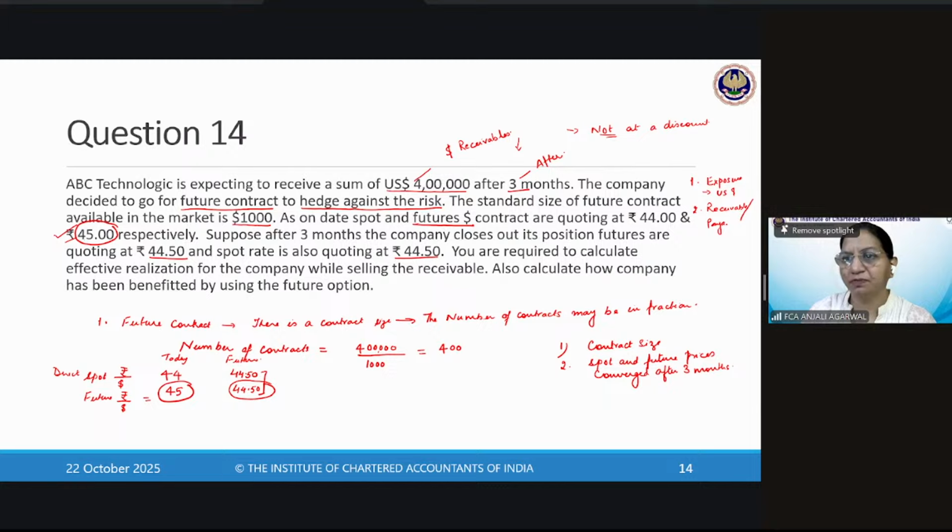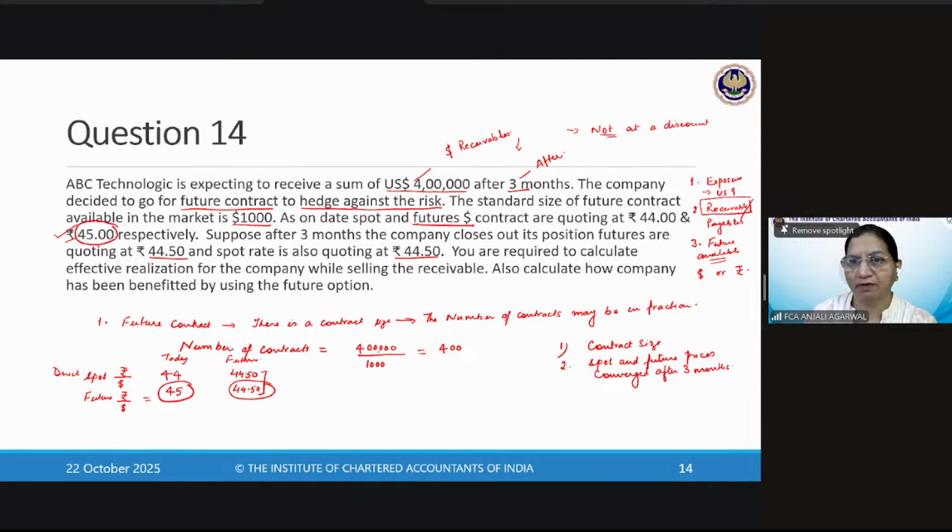In this case, you had dollar receivables. Number three, you will see futures are available for which currency. Is it dollar future or rupee future? Here it is available for dollars or your home currency.